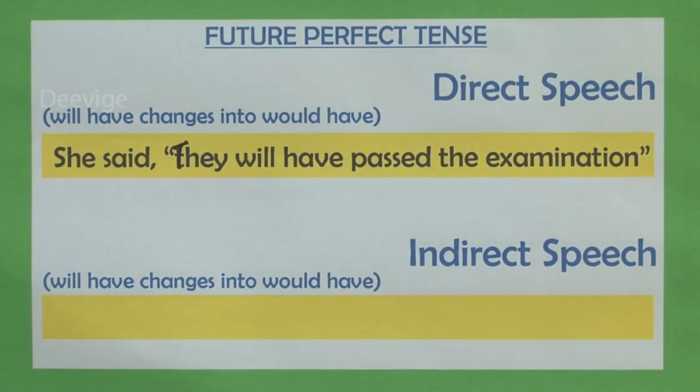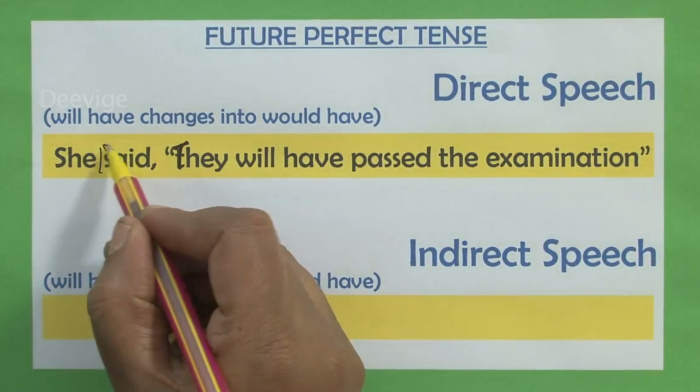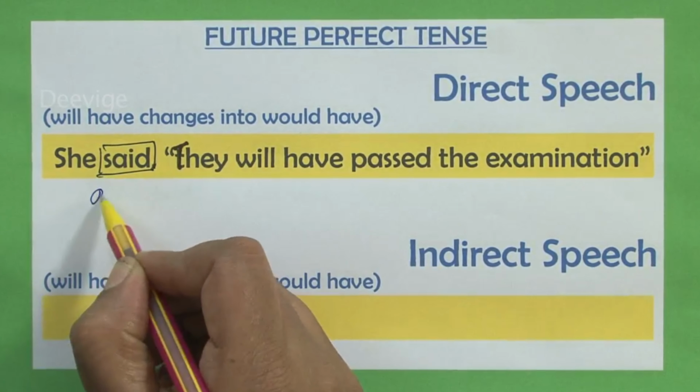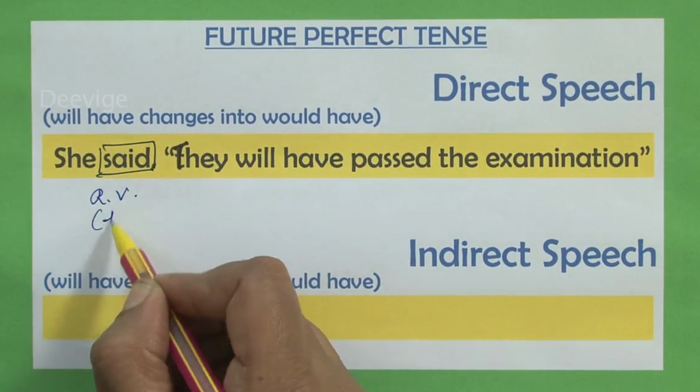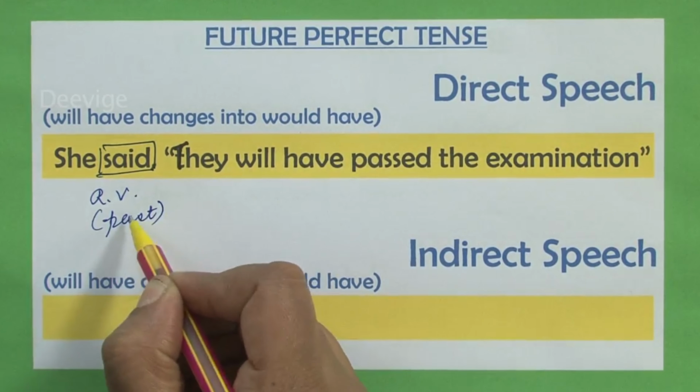The next example that we have here is, she said they will have passed the examination. I repeat, she said they will have passed the examination. So which is the reporting verb? Said. Said is the reporting verb which is in the past tense.